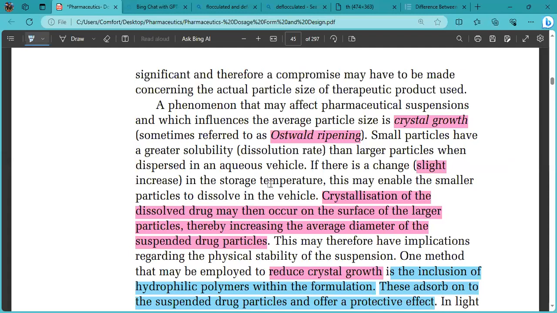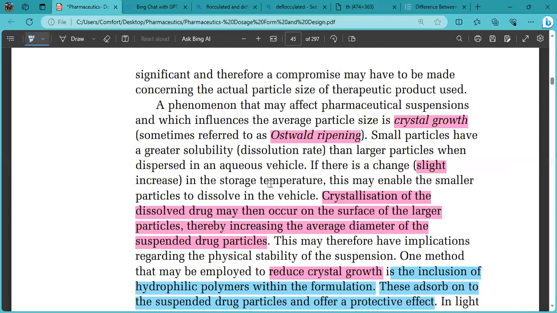So we do not wish for there to be crystallization, with uneven sizes of random crystals in your suspension.